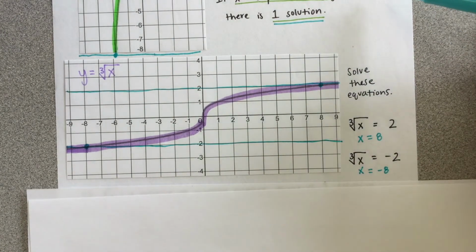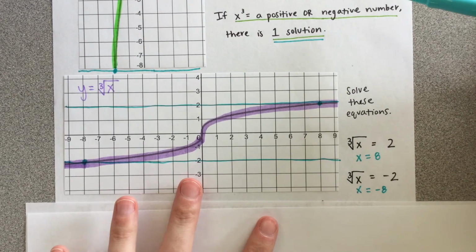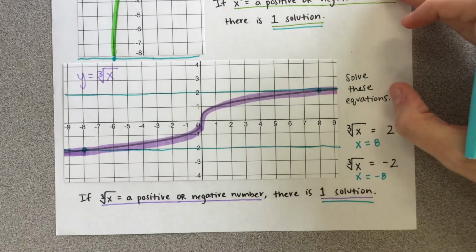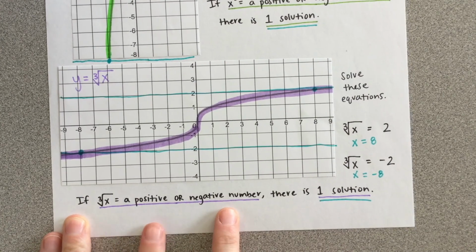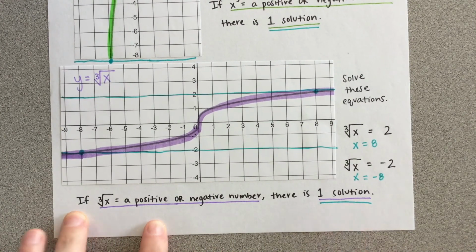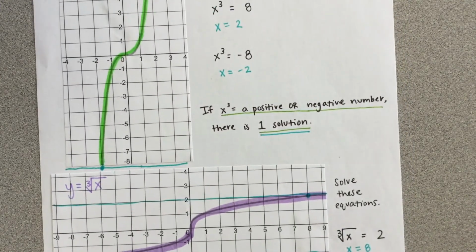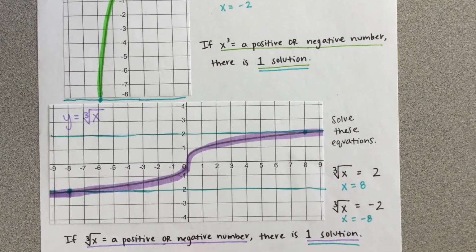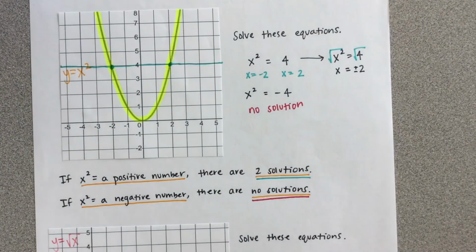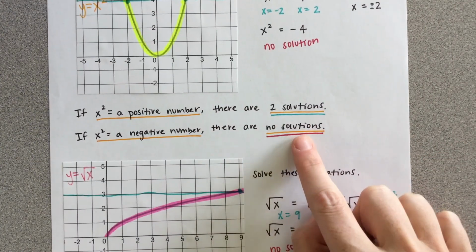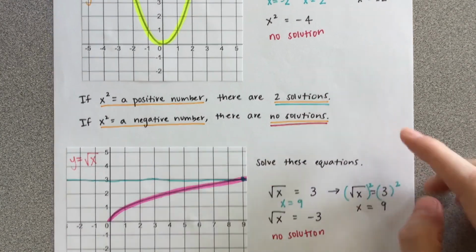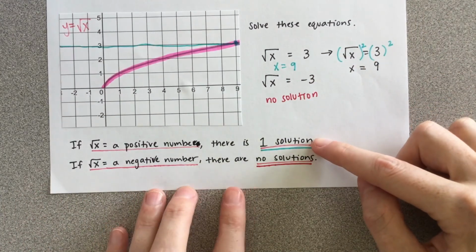So, just like with an x cubed function, a cube root of x function, if it equals a positive or a negative number, there will be one solution. So, cubes and cube roots, whether they equal positive numbers or negative numbers, will always have one solution. Whereas square and square root equations, they may have two solutions, they may have no solutions, or they may have one solution.